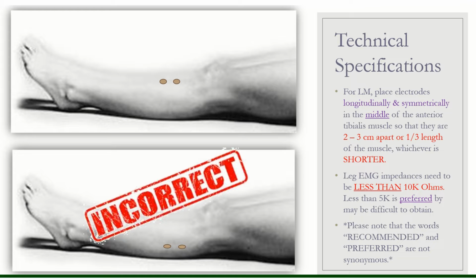What's preferred is less than 5K. Keep thinking of that word preferred. If you're asked on the actual RPSGT exam, make sure that you know the difference of what you're being asked. Are you being asked what is the recommended leg EMG impedance, or are you being asked what's the preferred leg EMG impedance?